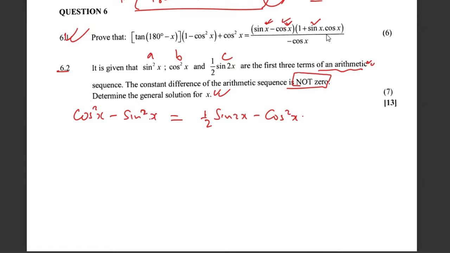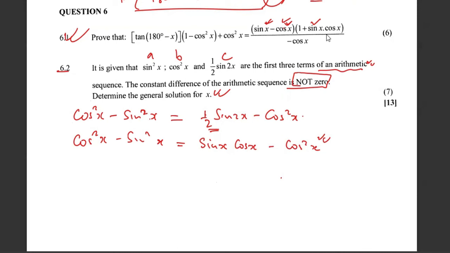Do I need to go that route? Not really. Let me break this down. So it's cos squared x minus sine squared x is equivalent to 2 sine x cos x. The 2 will cancel with a half. So I'll be left with sine x cos x minus cos squared of x. Then I can move this to that side.